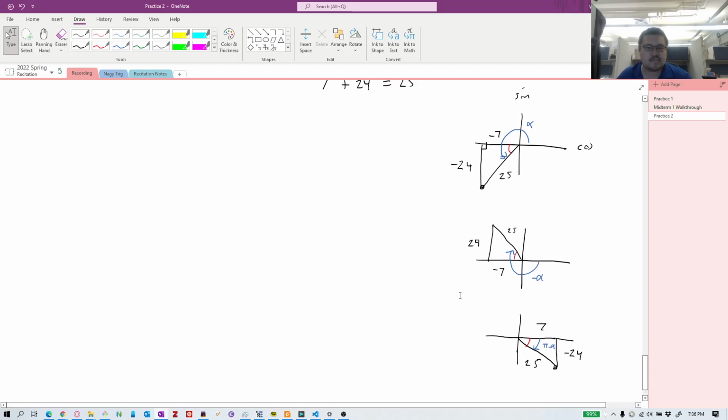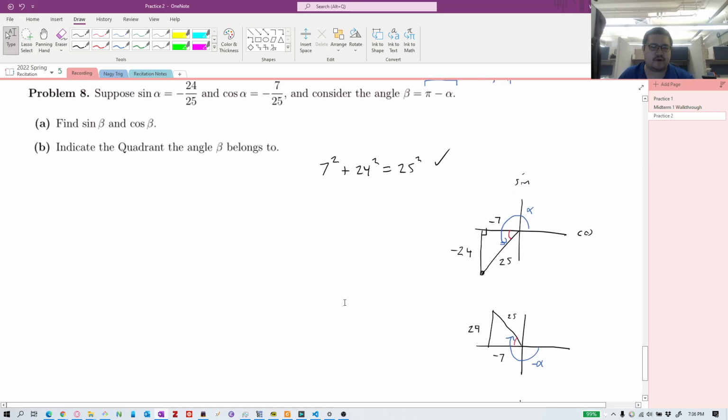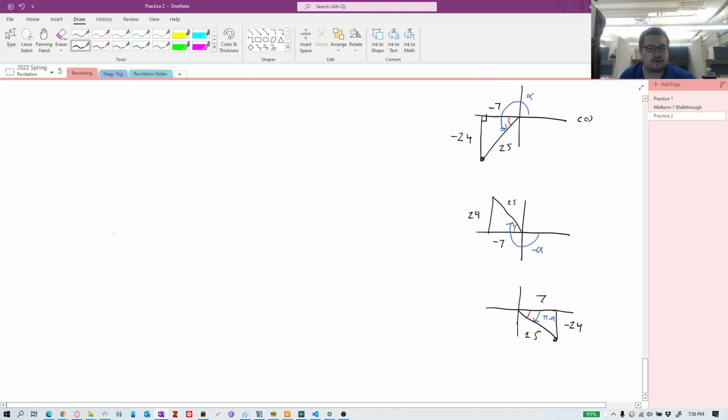Good. So now that we have this, this is our angle beta. And so we can now read off, for part A, sine and cosine. For part A, this is beta, so sine of beta and cosine of beta. This is what we want.